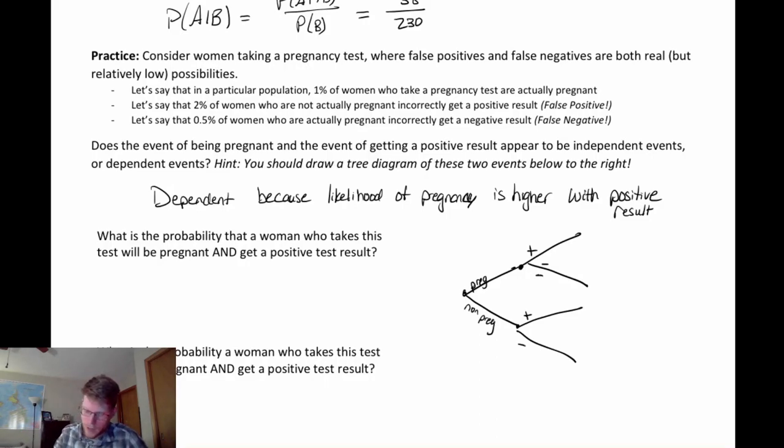We talked about these being dependent events, so this set of probabilities right here is going to be different than this set of probabilities right here. If you're pregnant, your probability for positive is going to be a lot higher than your probability for negative, or a lot higher for positive than it would be if you were not pregnant, I should say.